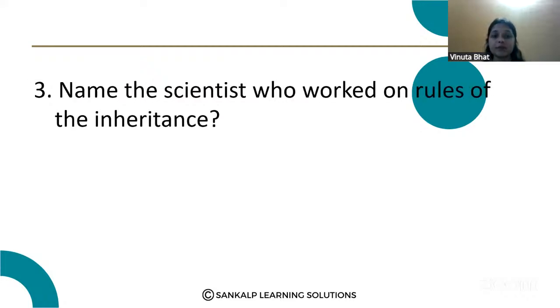Next question. Name the scientist who worked on the rules of inheritance, how the characters transfer from one generation to the next generation. The scientist worked on these laws of inheritance, that is one gene inheritance and two gene inheritance, the law of dominance.